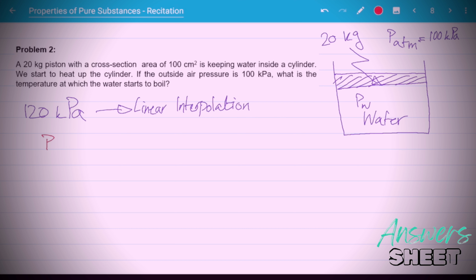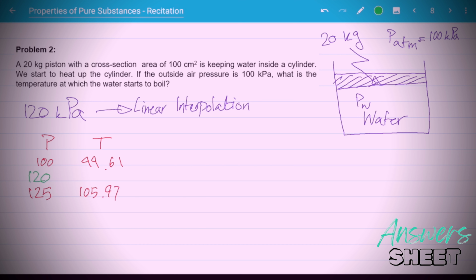I can see that for a pressure of 100 kilopascals, the saturation temperature is given as 99.61 degrees Celsius. For a pressure of 125 kilopascals, however, the saturation temperature is 105.97.